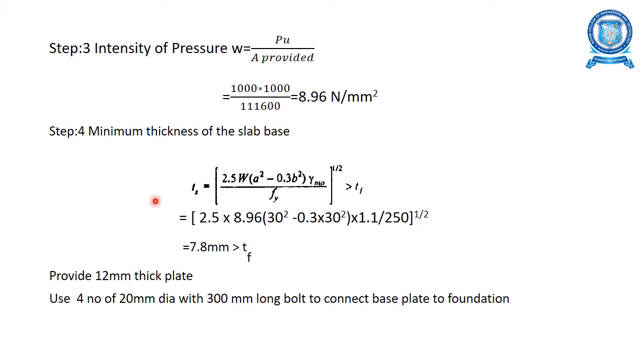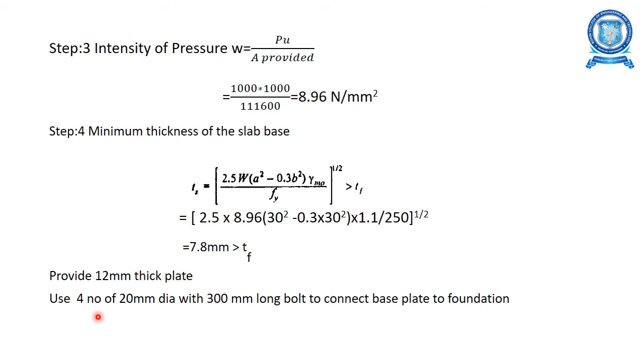Substituting all the values, finally you will get 7.8 mm. We already know the thickness of the flange is more than this, so as per the condition that value should be more than the thickness of the flange of the compression member, we have to adopt a 12 mm thick plate.